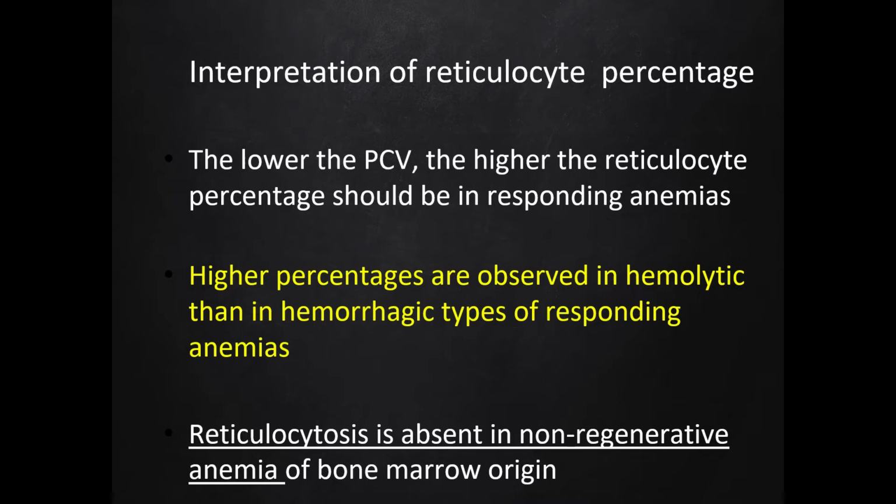So this is the most important means of identifying whether the animal is in non-regenerative anemia or regenerative anemia, in order for you to have an understanding of the disease and also to come up with a good treatment for the animal.